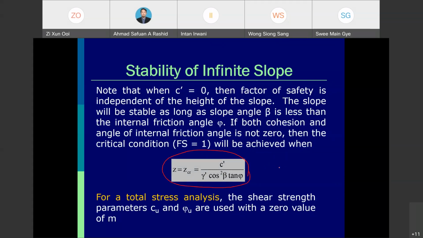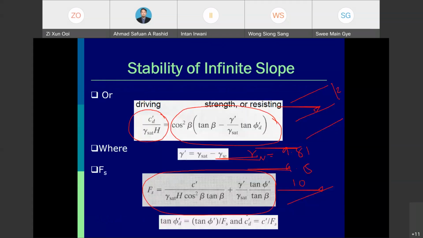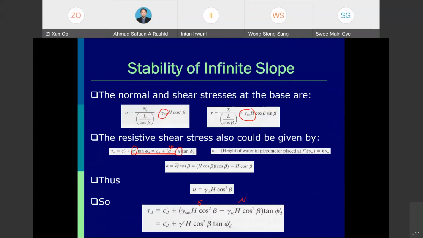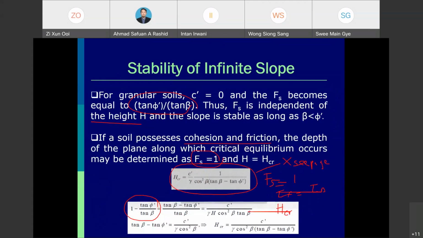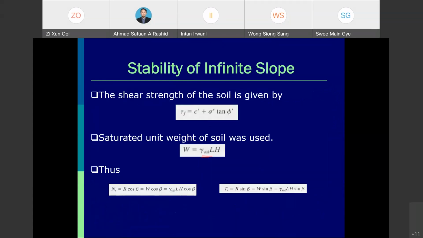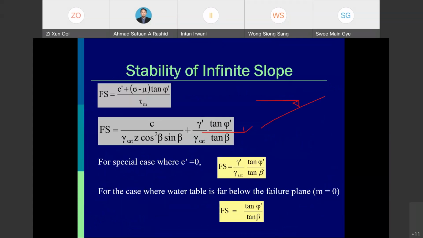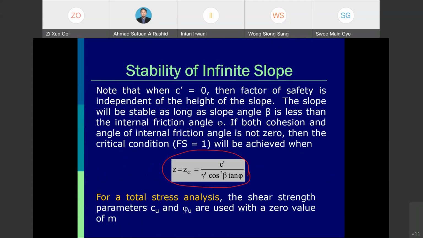This is for the fully saturated. The previous one that we discussed is for the case where the groundwater level is far from the failure surface, so that is without seepage. But this is for seepage at the ground surface.